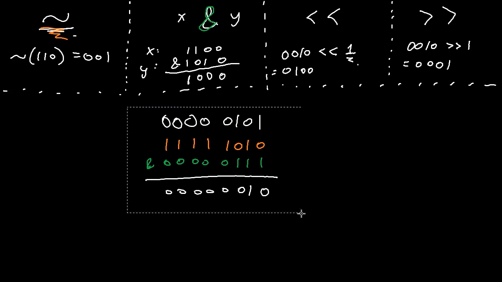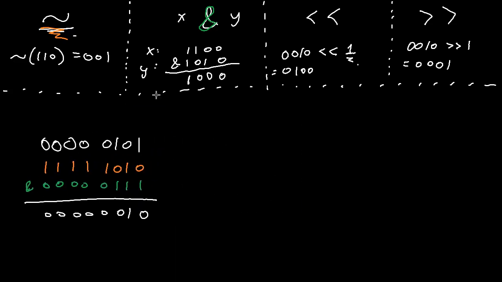Okay, and then to do this, we started to talk about how we are going to create this mask. So we realized that this is the same thing as 0, 0, 0, 0, 1, 0, 0, 0, minus 1. So then our question became, how do we figure out this value right here?